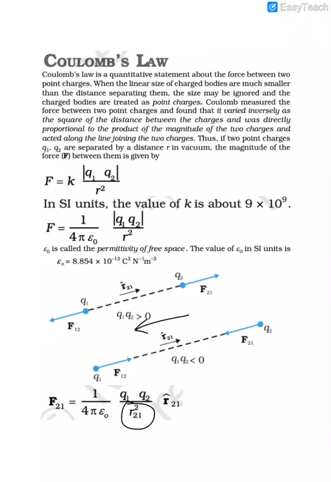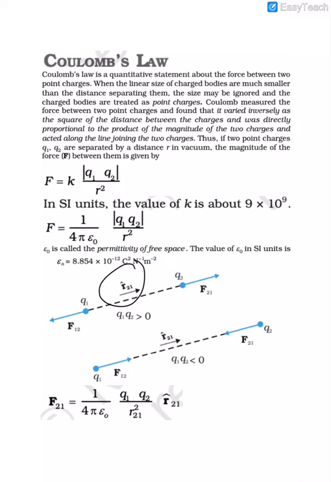So this completes a vector discussion of Coulomb's law. It's very simple, it's very basic. All you need to do is understand one thing, that you have to fix a unit vector. You may do that arbitrarily or you may do it in a specific manner, that is your choice. But whatever unit vector you fix, once you have fixed it, you will have to maintain all your calculations according to that.